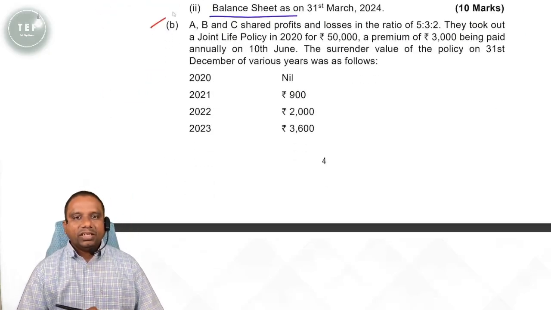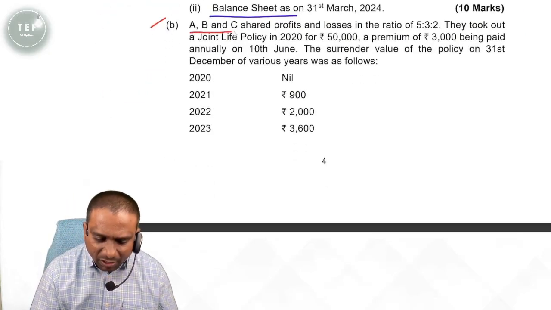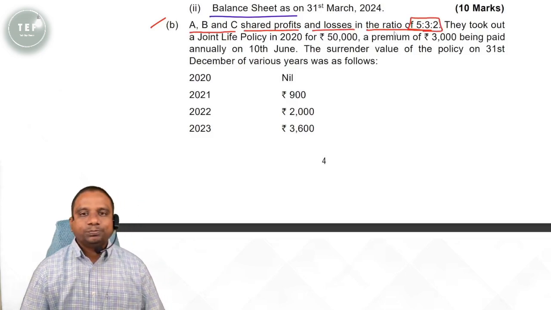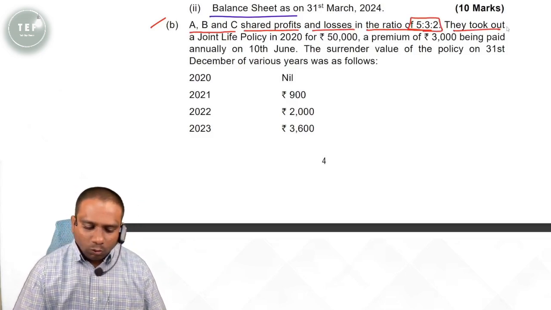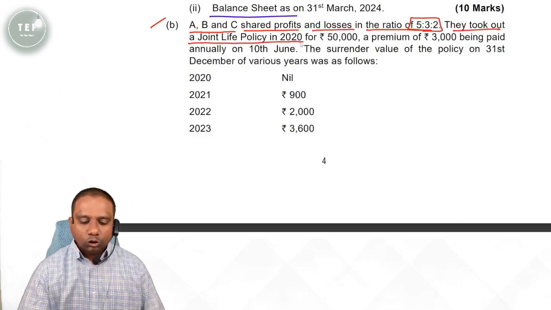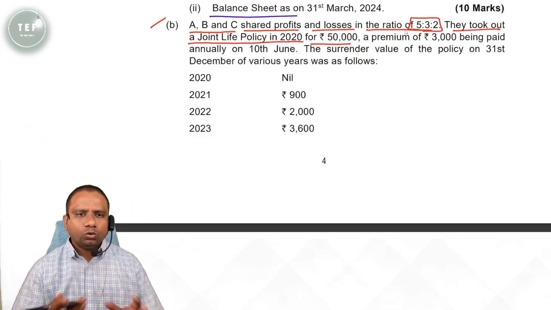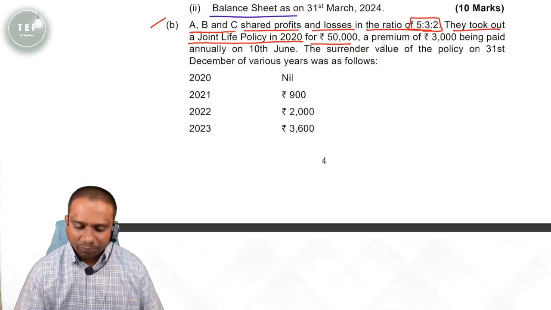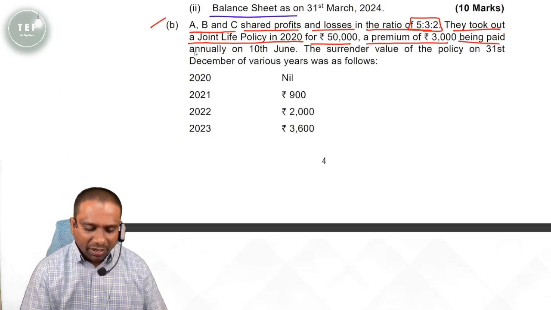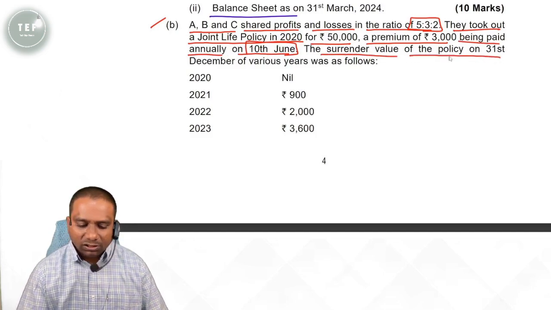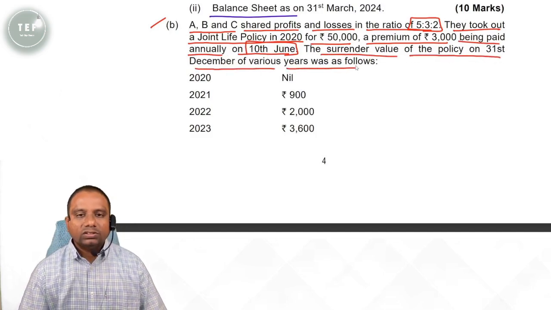Next look at 3B. A, B and C shared profits and losses in the ratio of 5:3:2. They took out a joint life policy in 2020 for 50,000. Okay, joint life policy, students. So we have two types of policies, joint life and separate. A premium of 3,000 is paid annually on 10th June. The surrender value of the policy on 31st December of various years was as follows.